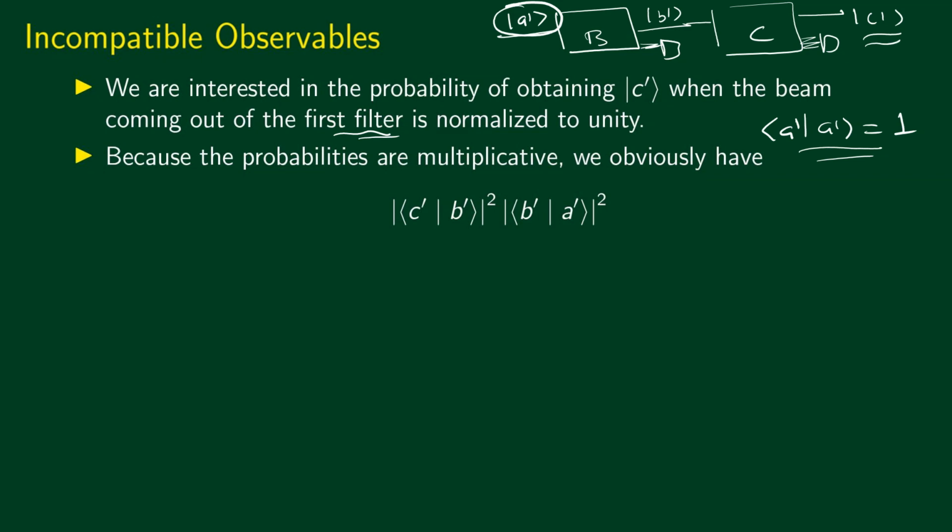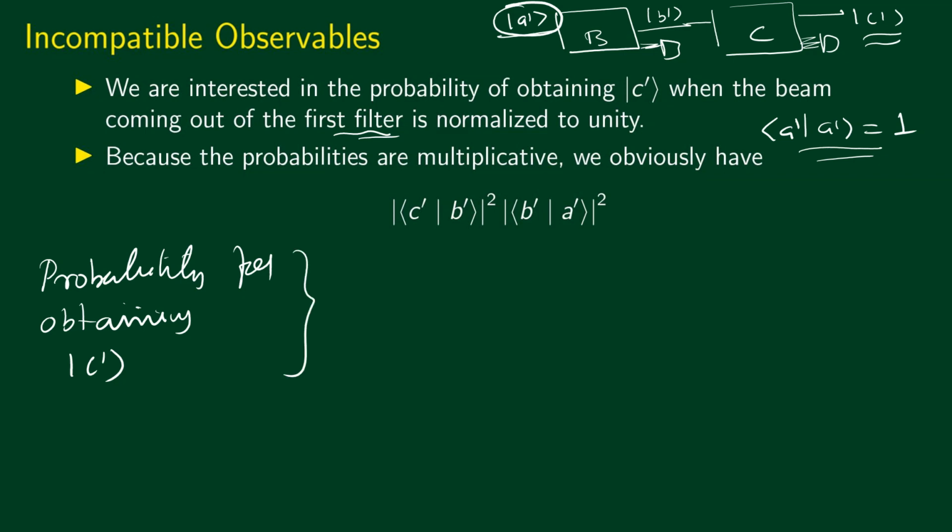So if I start with a normalized ket A prime in this experimental arrangement, what's the probability that I will end up with ket C prime? That's the question. So I can write this as the probability for obtaining ket C prime in the end.